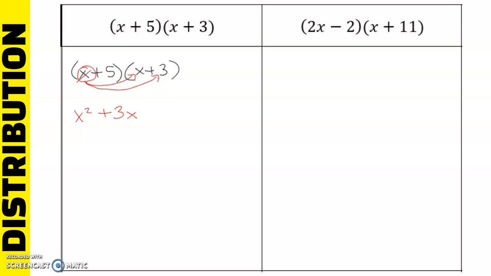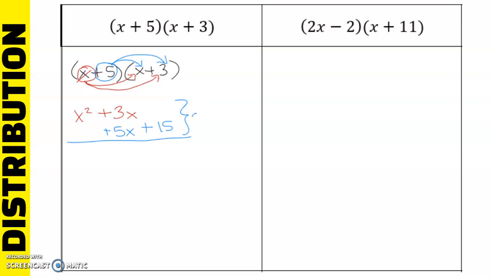It's done. Now I need to do the positive 5 times everything in the other parentheses. So 5 times x is going to be positive 5x. I'm going to go ahead and start stacking my results, the like terms, because I know I'm going to have to put them together. That just kind of simplifies it for my brain. 5 times 3 is positive 15.